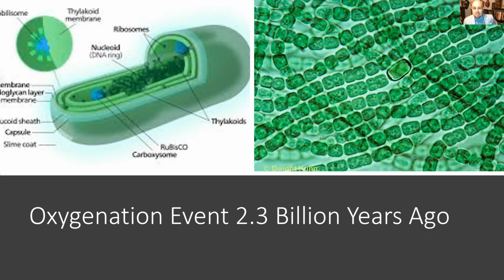It was relatively less dense than it is today. But the growth and spread of cyanobacteria that were absorbing carbon dioxide that was being given off by volcanoes and coming out of geological degradation and such, one of the major byproducts of this photosynthesis and absorption of carbon was oxygen.